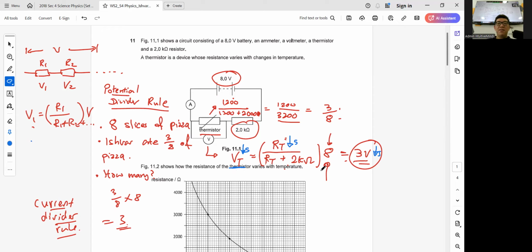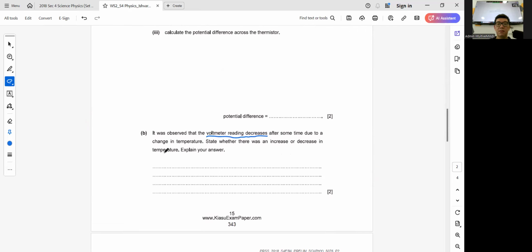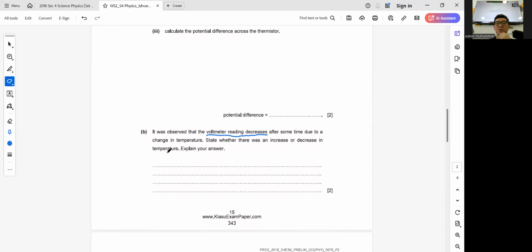So you can use that to answer this question. So I just say the voltmeter decreases because the voltage is proportionate to resistance. If you use that, you maybe get like 1 mark or so. You're not going to finish everything because it comes back to change in temperature.